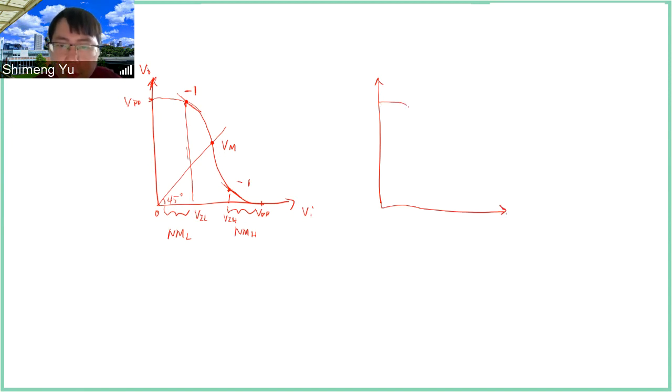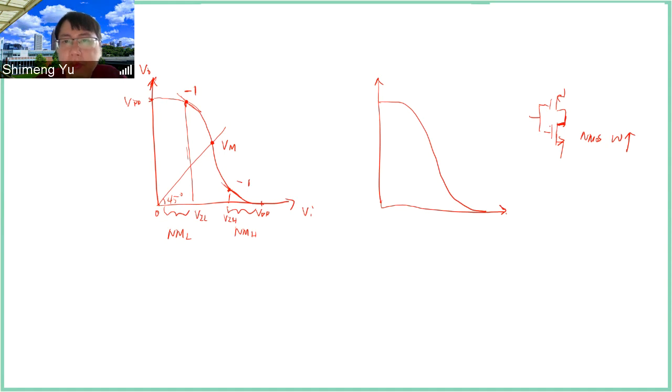So if it's matched like this, for example, if the NMOS W increases, then how would the VTC change?